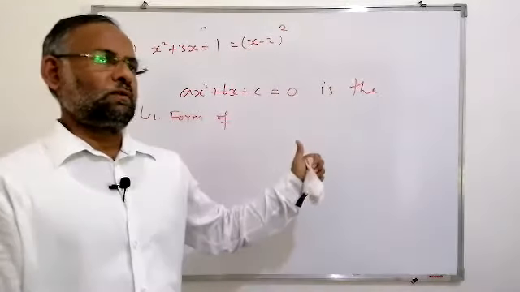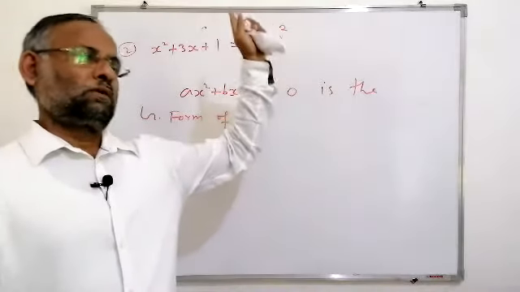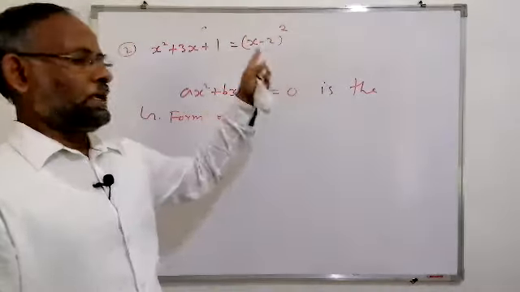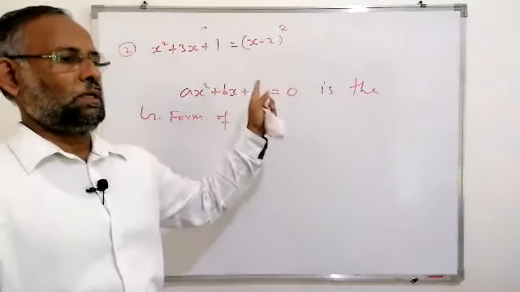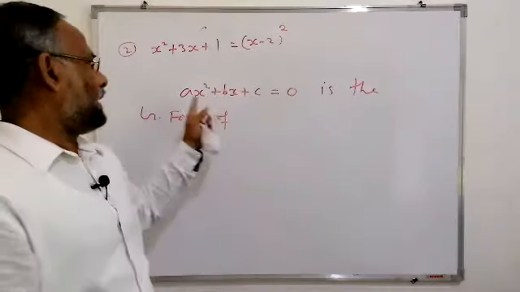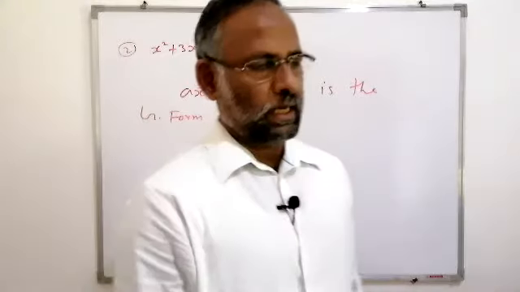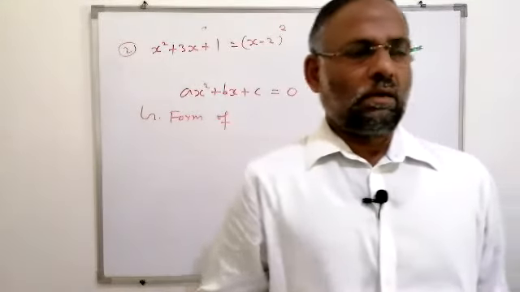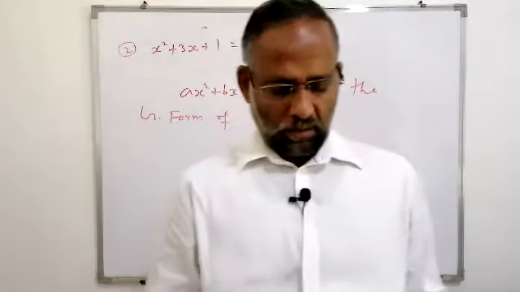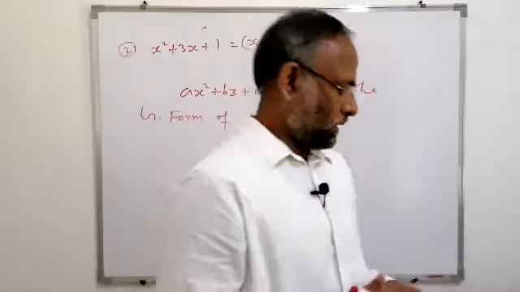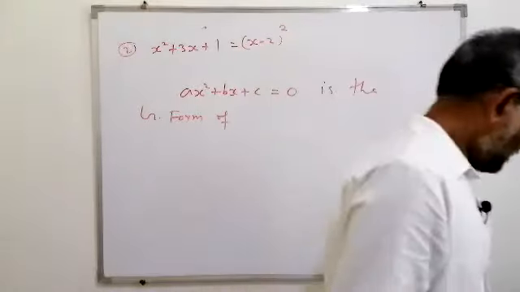Because you may confuse it with a quadratic polynomial, where I use p(x) is equal to. Here no, ax square plus bx plus c is equal to 0, with LHS and RHS. It is the general form of the quadratic equation. We are talking about one variable only.